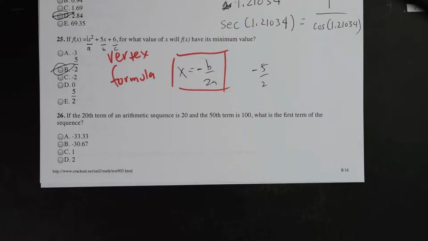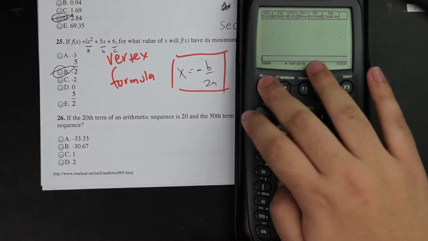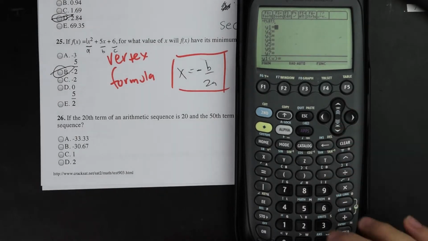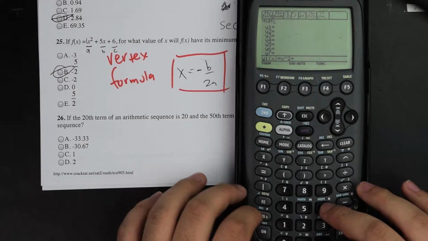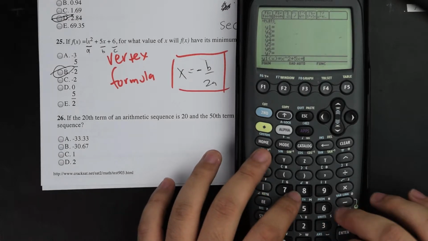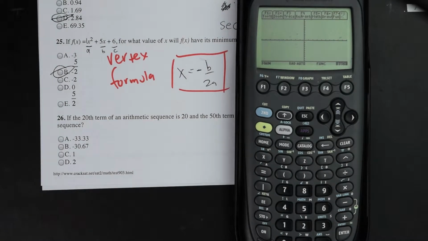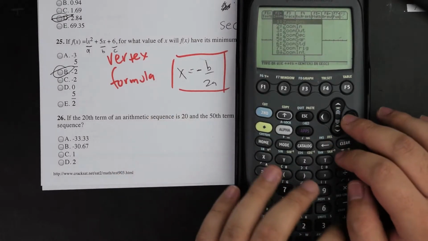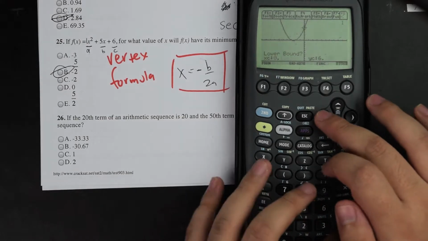That being stated, if you forget the vertex formula, there is another method to still get to the answer. Because you are allowed a graphing calculator on this exam, you could punch in this equation, x squared plus 5x, on any graphing calculator and have it graph out. It will show you the parabola, and afterwards I can use the functionalities to find the minimum of this graph.